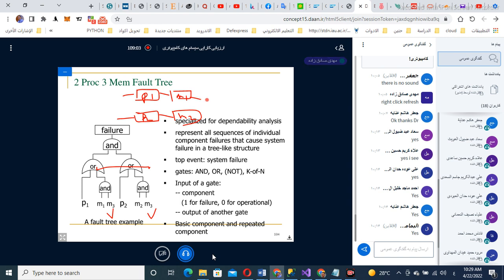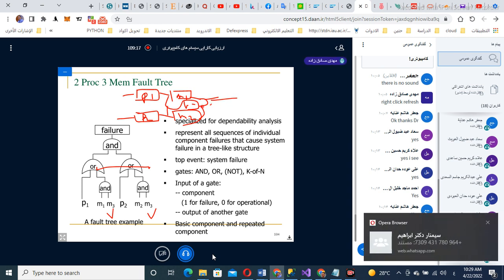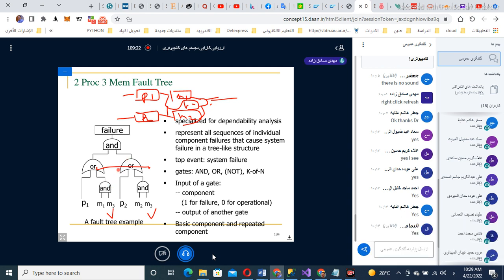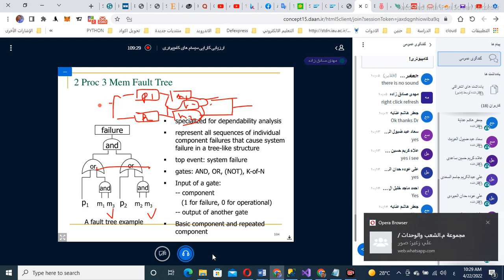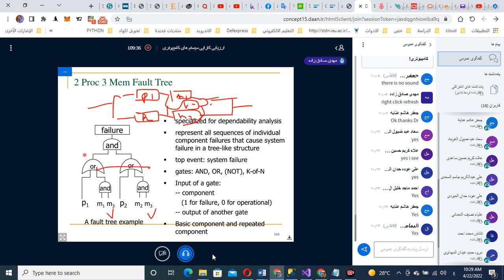Memory 3 is parallel with memory 1 and memory 2. And all of this is parallel with the processors here. So that is AND, because that is parallel.